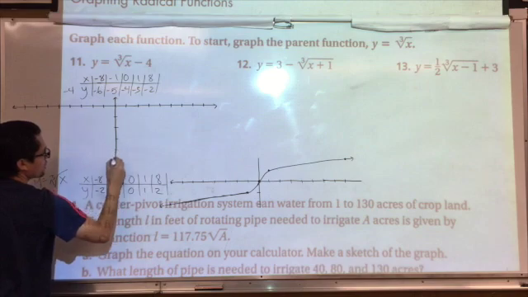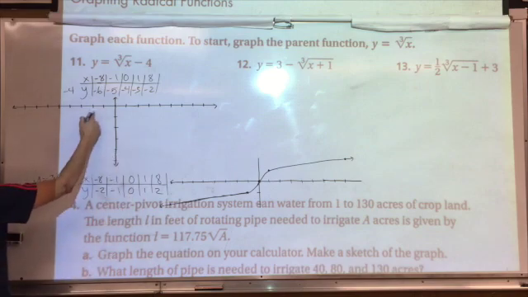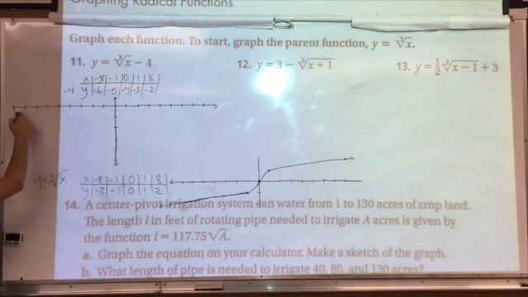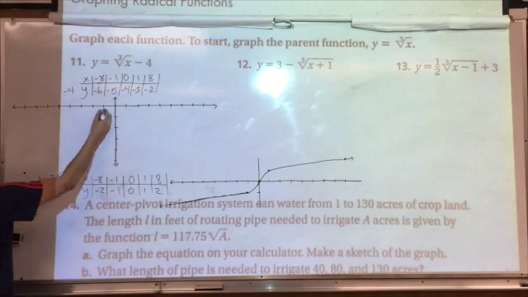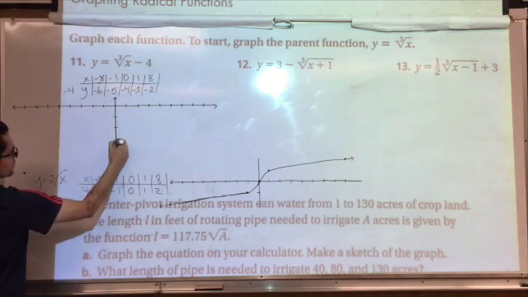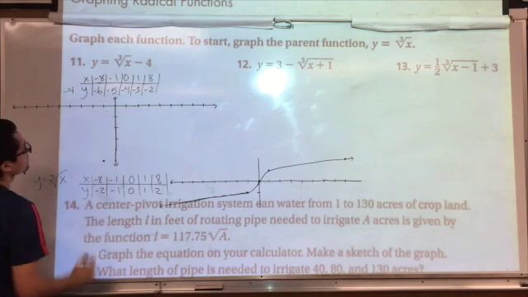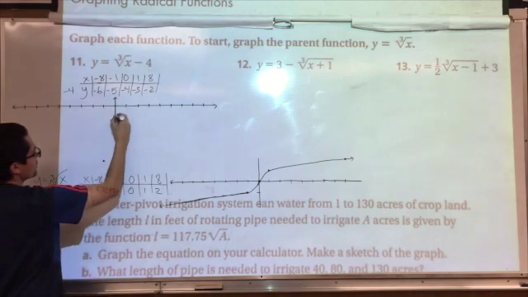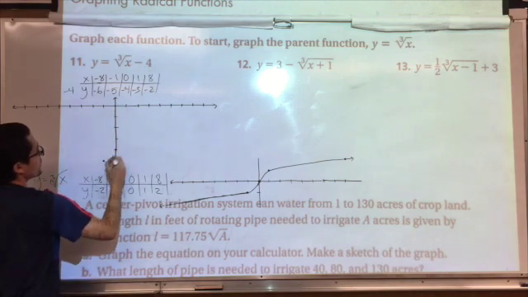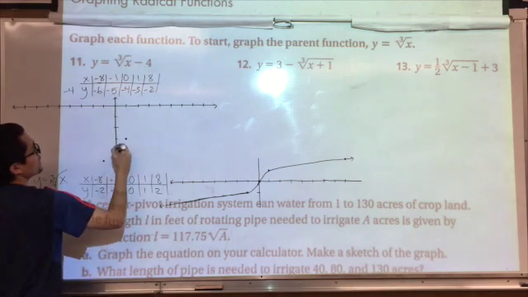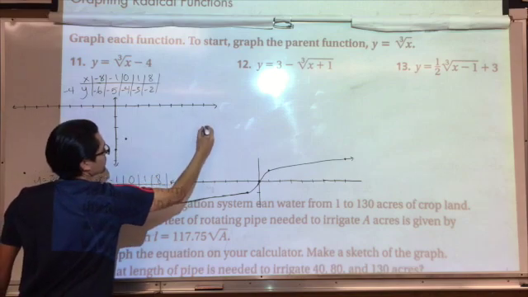So just plot those points and you're done. Negative 8, negative 6. Negative 1, negative 5. 0, negative 4. 1, negative 3, and 8, negative 2.